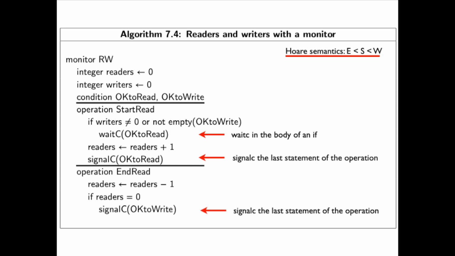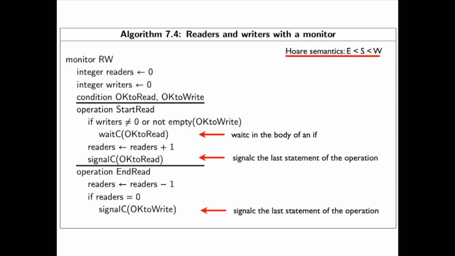Let's assume that a number of readers are blocked so that they are in wait C OK to read. So in operation start read, after wait C OK to read, the first reader will be unblocked. That reader will execute readers gets readers plus 1, incrementing the number of readers by 1. And then that reader will signal OK to read again.